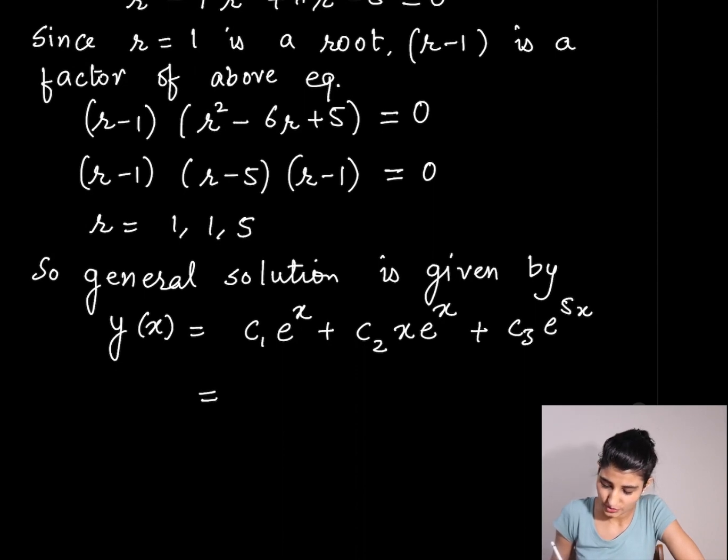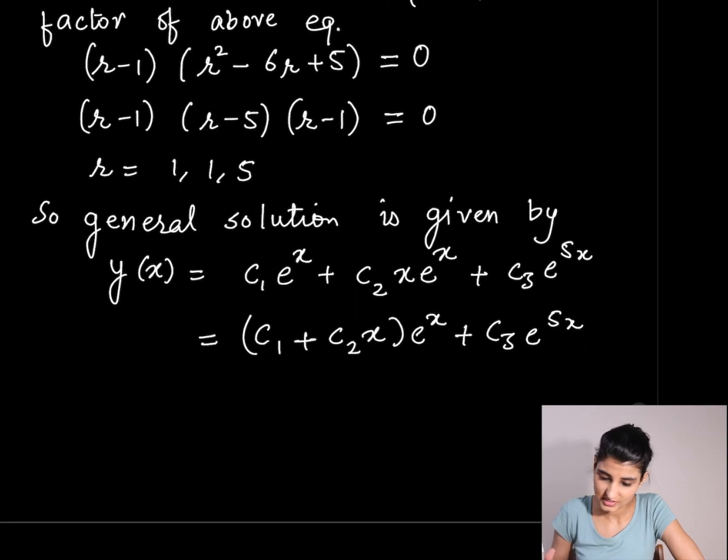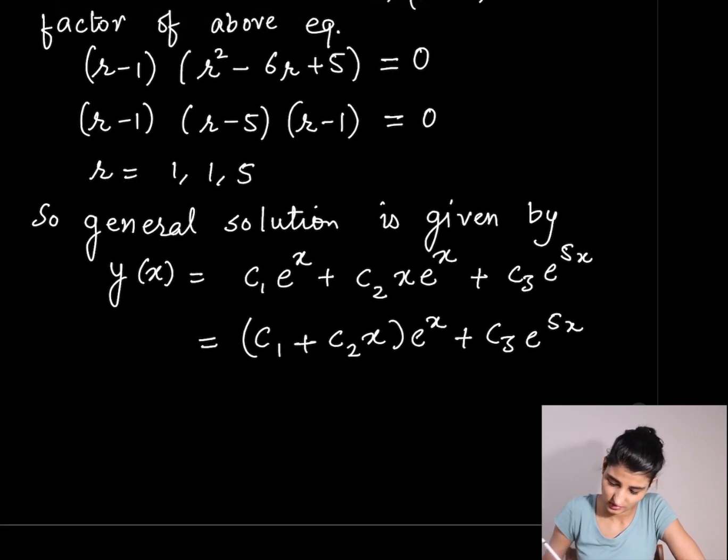Or you can also rewrite as c1 plus c2x times e power x plus c3 e power 5x. This is our general solution.